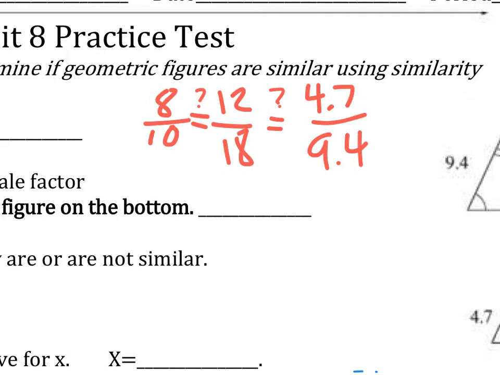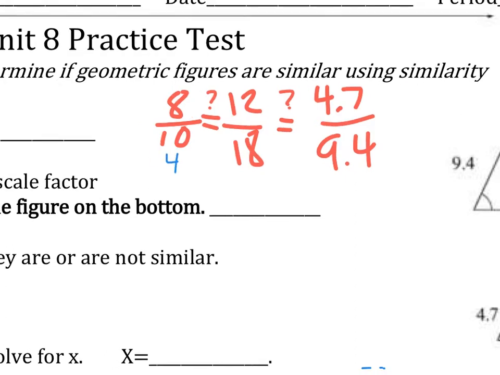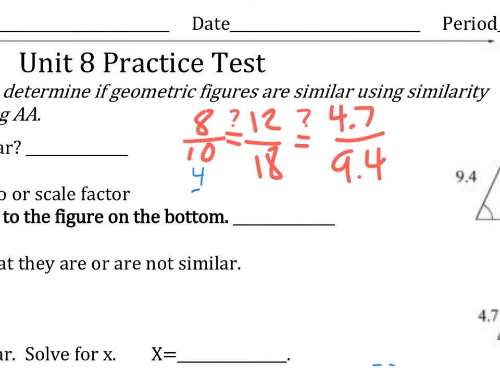If we simplify this guy, we divide top and bottom by 2, we get 4/5. If we simplify the second fraction, 6 goes into both of these. 6 goes in here twice, goes in there 3 times. So this is 2 over 3 when we divide this by 6.